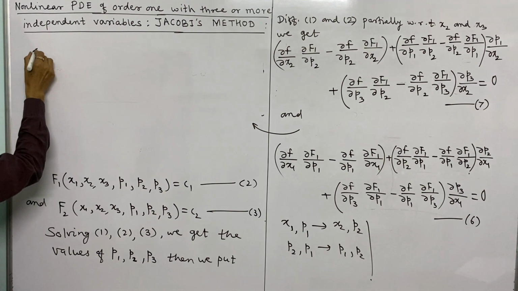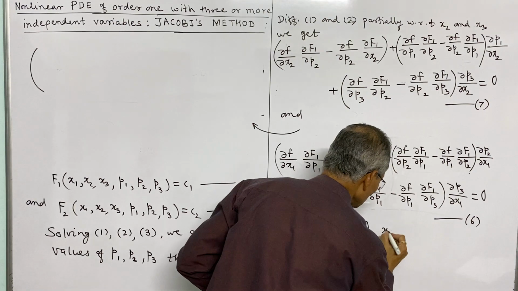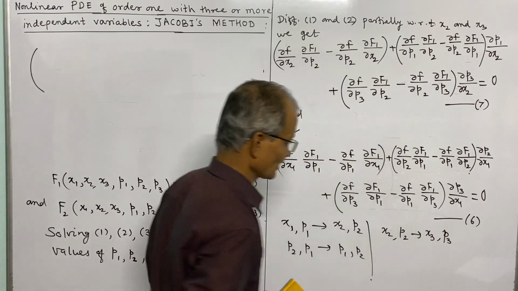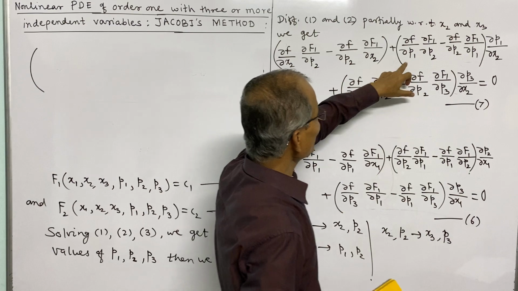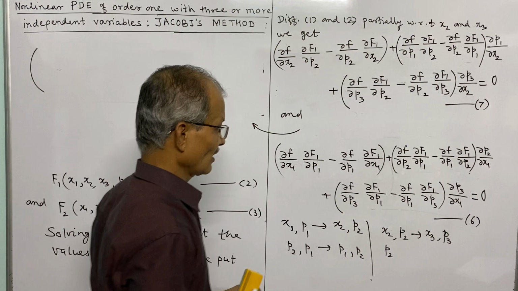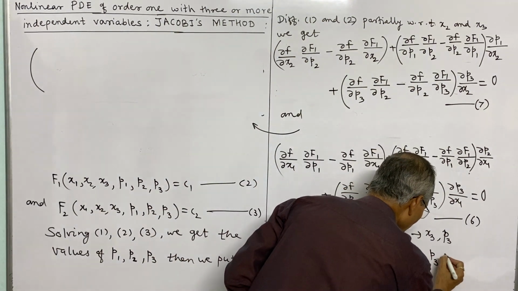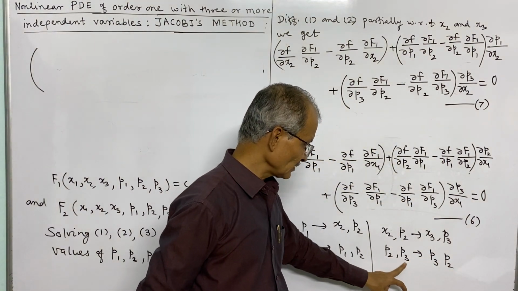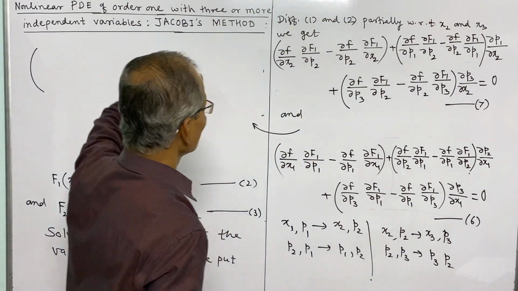From this we can observe that x2 p2, x2 and p2 will be increased to x3 and p3, suffixes will increase by 1, and a similar thing happens here. So p1 p2 and then p2 p3 are to be changed as, say, p3 p2. In place of p2 we have to write p3, in place of p3 we have to write p2. So these are the changes to be remembered, and we write the next equation.